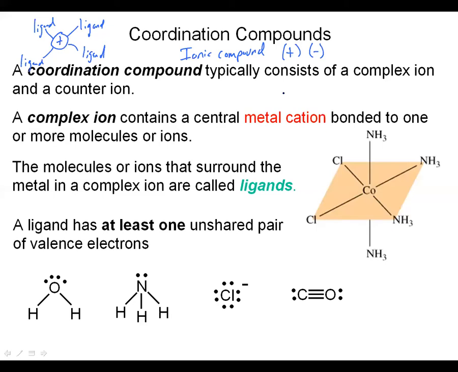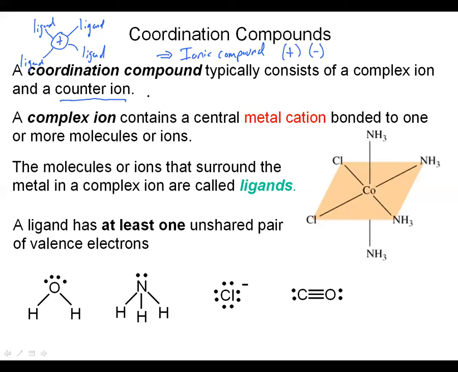The counter ion acts to balance out the charge. Much like when we write the formula for an ionic compound, it is always neutral. A coordination compound is also neutral. So one is going to be positive and one negative, and they balance each other out to give no charge overall, just like an ionic compound.